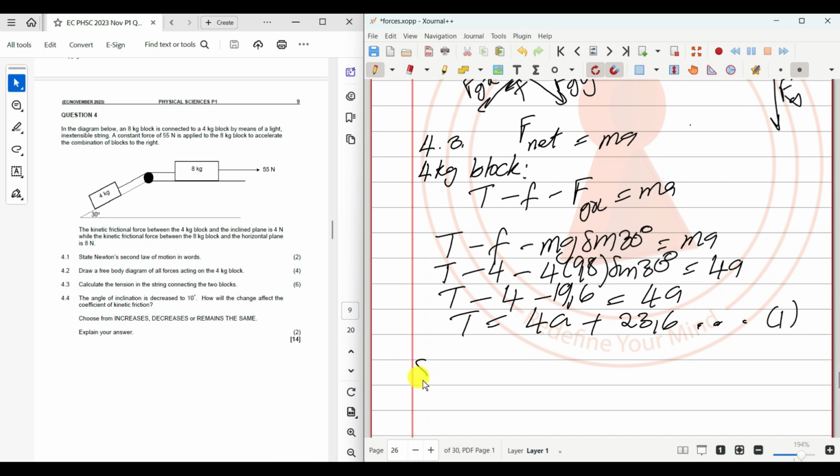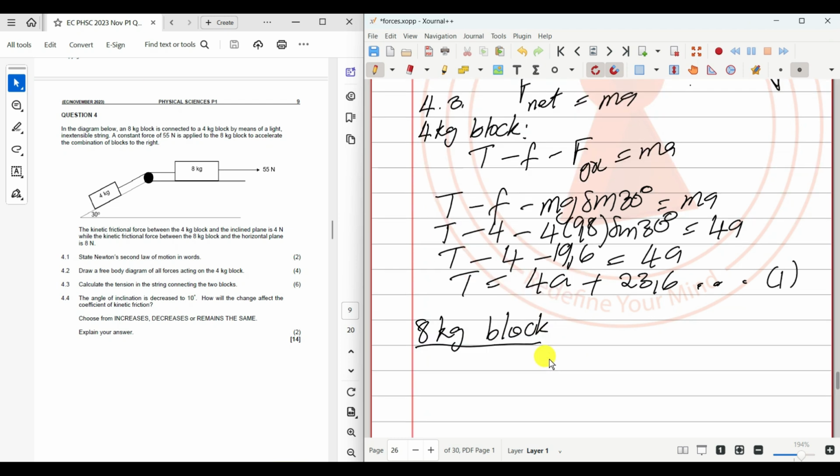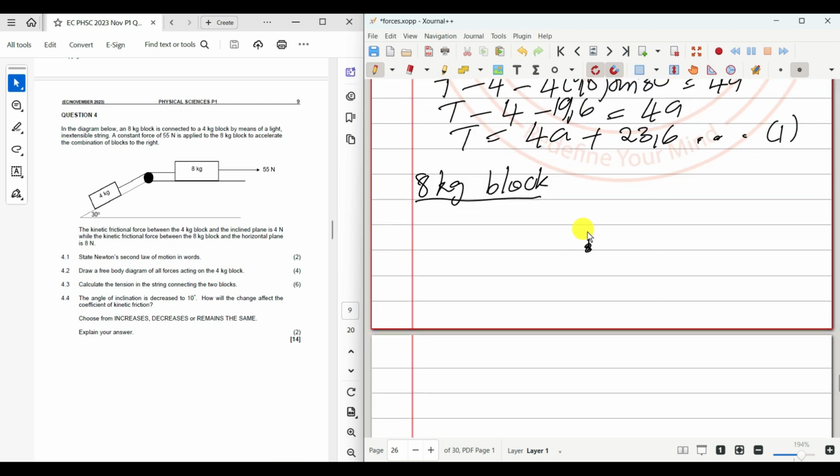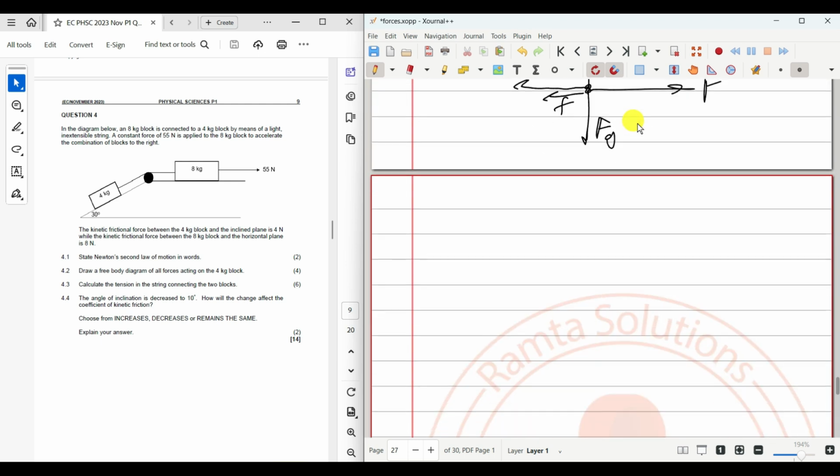Now for the 8 kilogram block, they didn't ask us for the free body diagram. I like drawing it so you make sense of it. So this is your applied force, let's just call it F. And then it experiences tension in this direction and then friction in this direction. You have force of gravity, you have normal. So we have force minus tension minus friction equals ma. The force is 55.